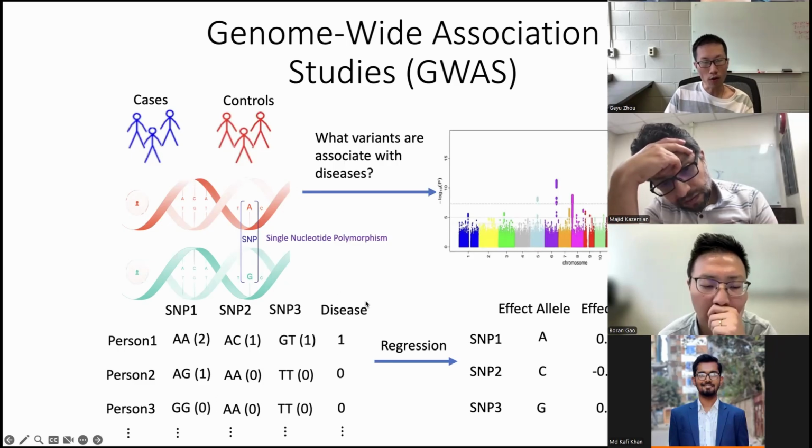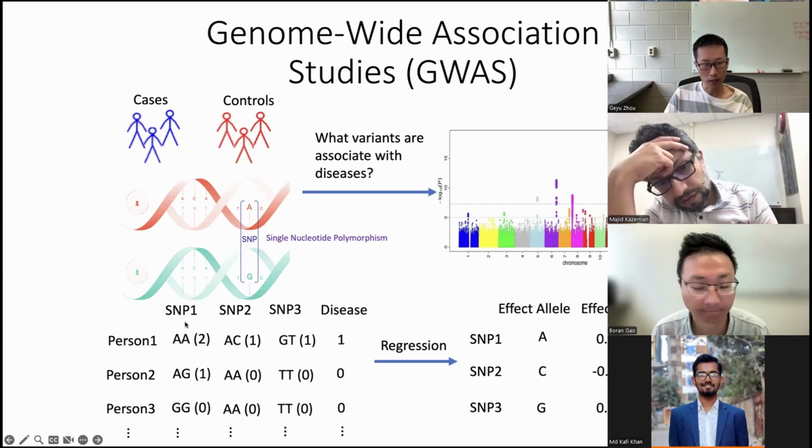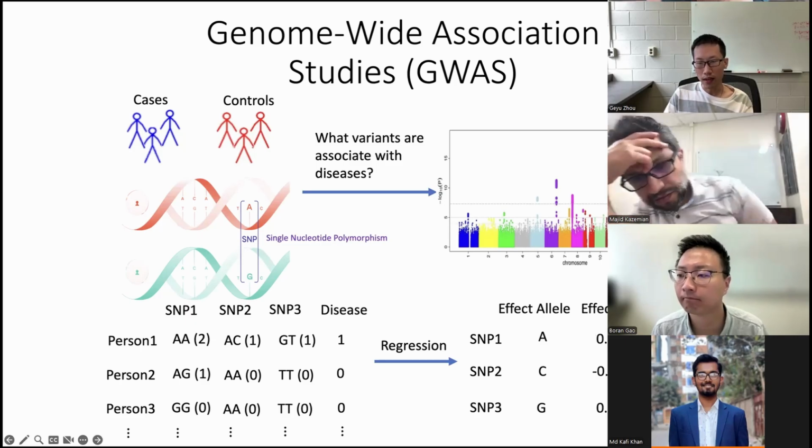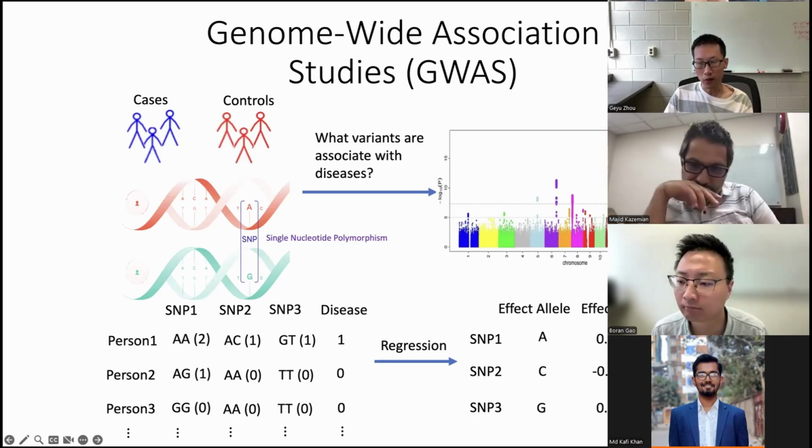And we can perform a regression of the disease status of each person on the number of alleles carried by the person at each SNP to obtain the effect size and the p-value from the regressions.